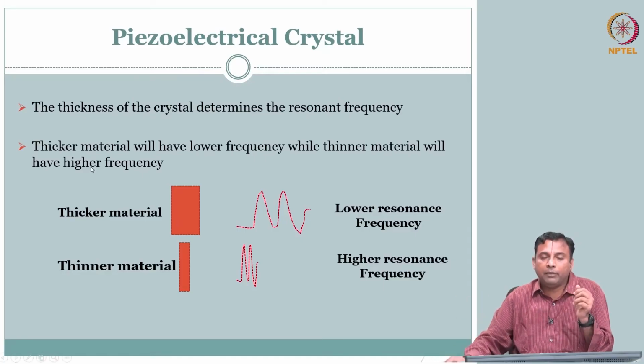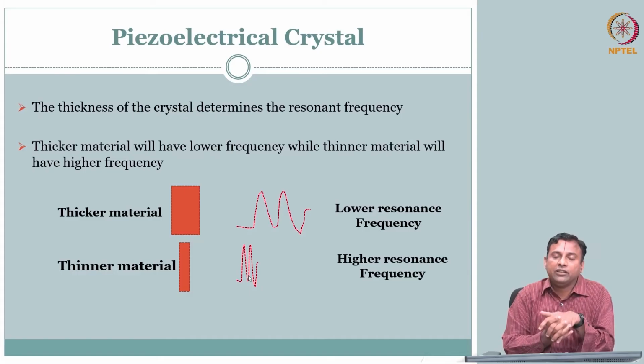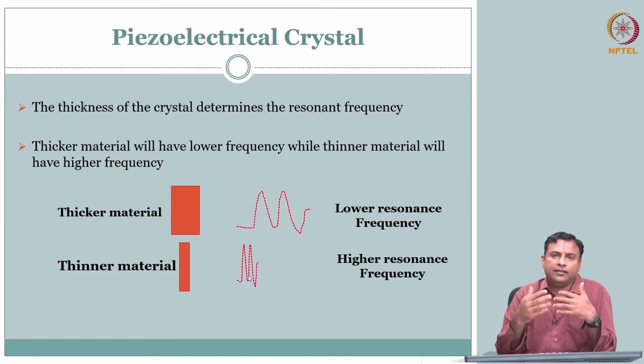And so, depending on the frequency of interest, thicker material will usually give you a lower frequency, thinner material will give a higher frequency. So, you notice when you go to higher frequency, if you want to generate higher frequency waves, then the crystal becomes thin, and therefore, from a materials point of view, it becomes challenging because it is thin, right.